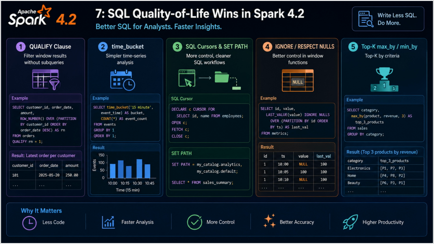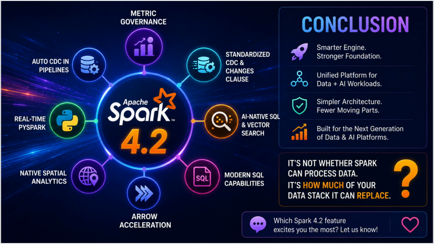So the final thoughts for Apache Spark 4.2: it isn't just making Spark faster, it's making Spark smarter. We are seeing a platform that increasingly unifies analytics, streaming, AI, machine learning, geospatial processing, and operational workloads under one engine.